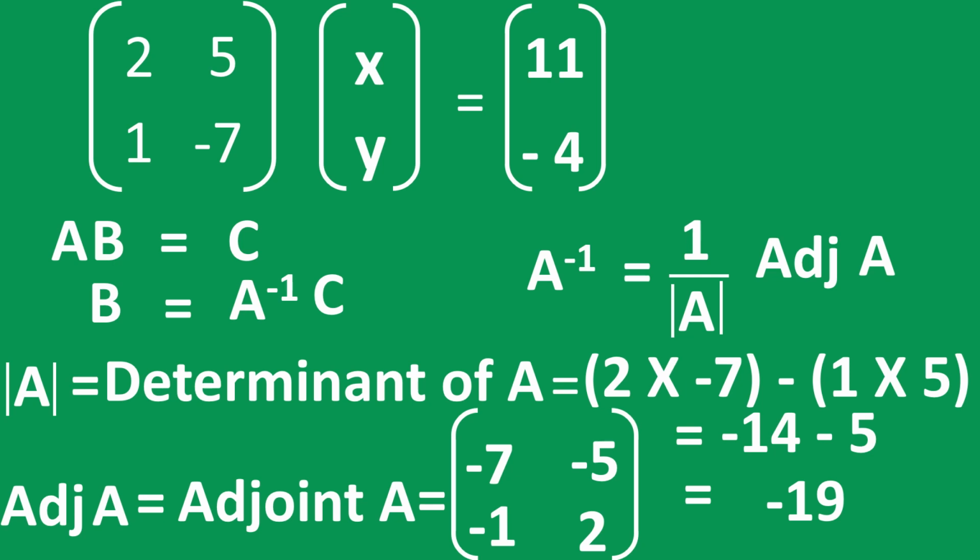So we have plus 5 there, it now becomes minus 5, and plus 1 becomes minus 1. So we have what it takes to find the inverse of A, which is 1 over the determinant of A times the adjoint of A. Our determinant is minus 19, and our adjoint is the resultant matrix where we have minus 7, minus 5, minus 1, and 2.